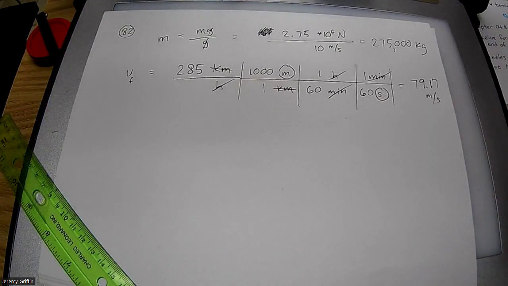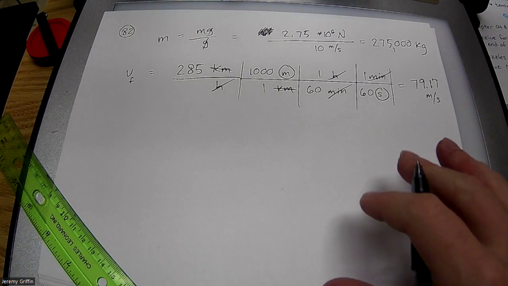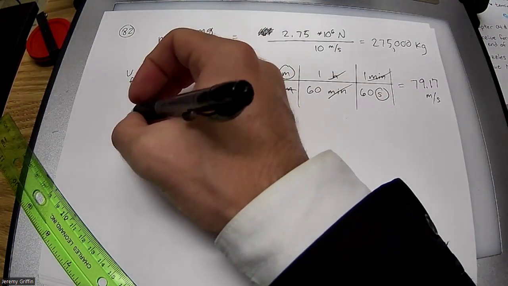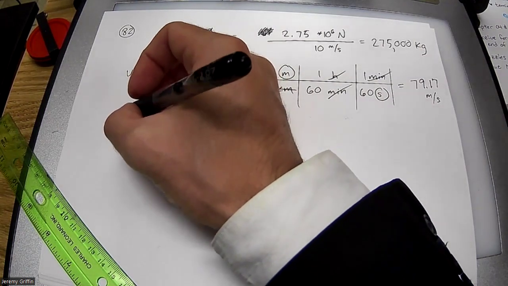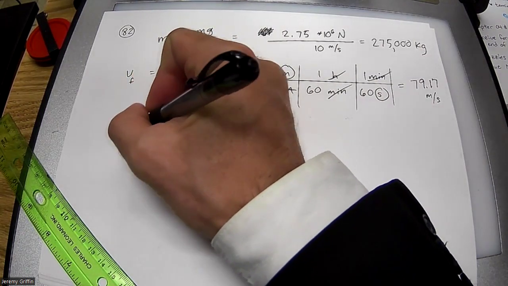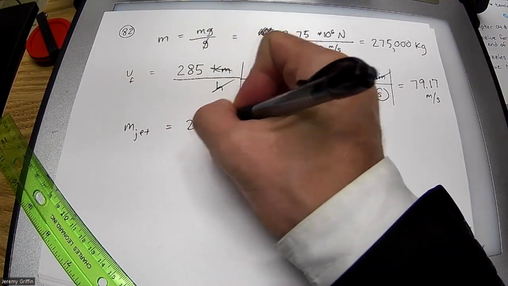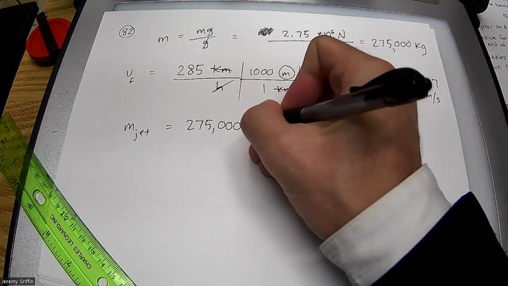Okay. So let's get all our known values at this point. We did a little bit of solving here, a little bit of conversion here. So we did a little bit of work. Let's put it all on the board. So here's what I know. I know the mass of this jet is 275,000 kilograms.